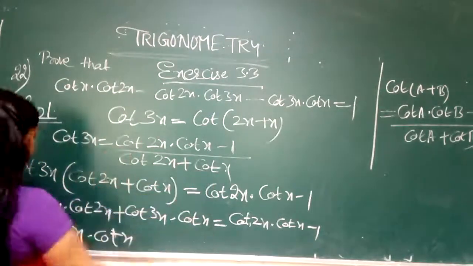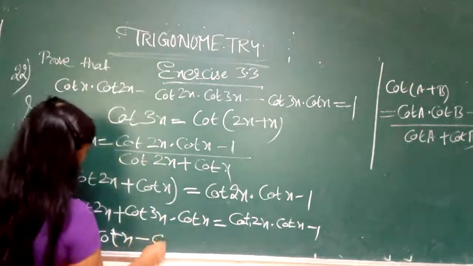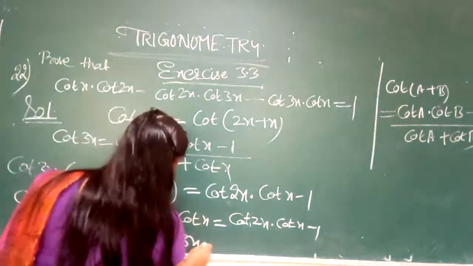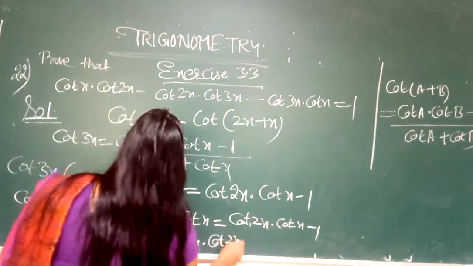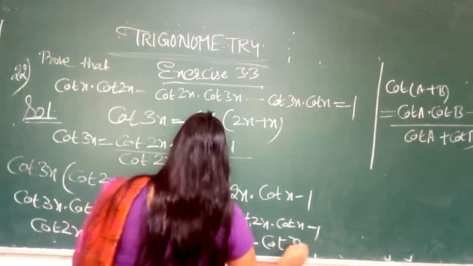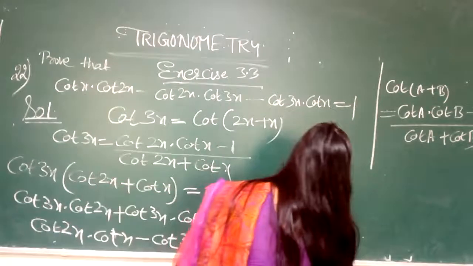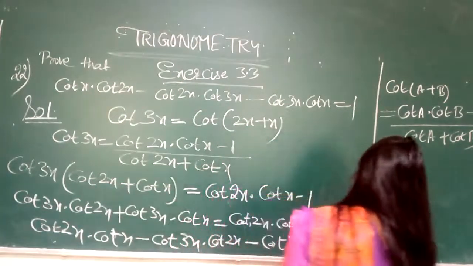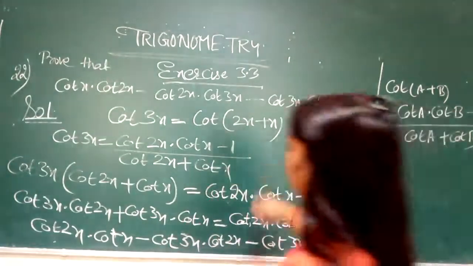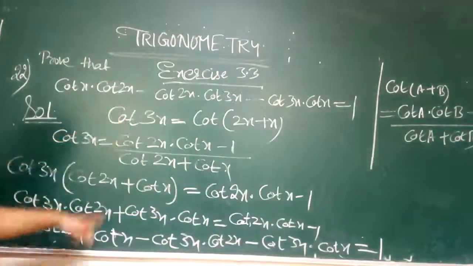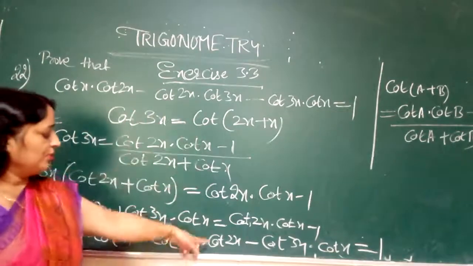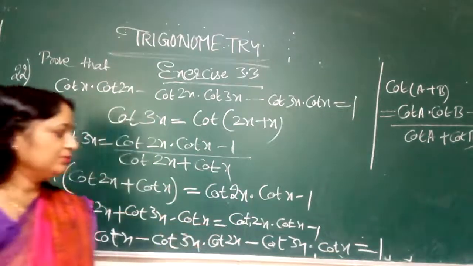Transfer this term that side, so it will come minus cot 3x into cot 2x minus cot 3x into cot x is equal to 1. So you can see, check this term: cot x into cot 2x minus cot 3x into cot 2x minus cot 3x into cot x equal to 1.